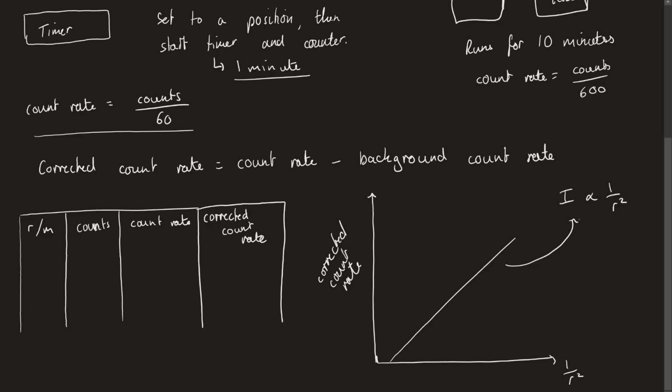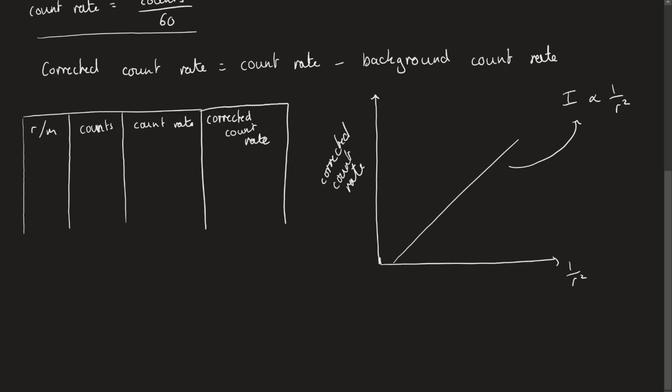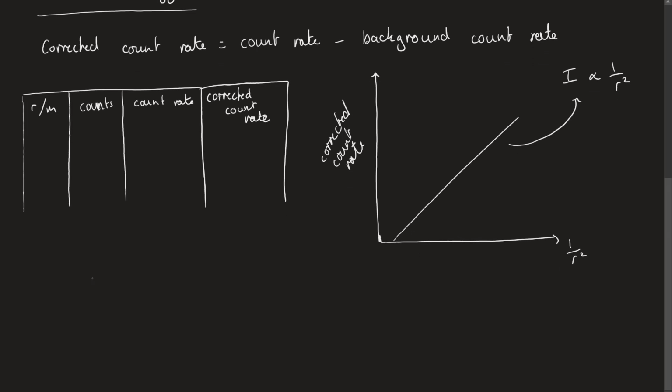However, our distance r is never going to be accurate using this method, okay? Because our count rate detector, this Geiger tube, the tube contains the detector. Now the tube has some length, and we're always taking the measurement either from the end or the beginning.